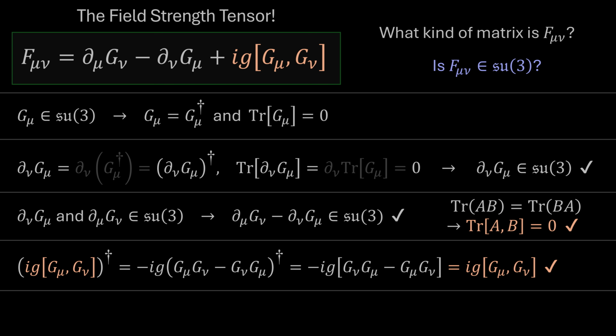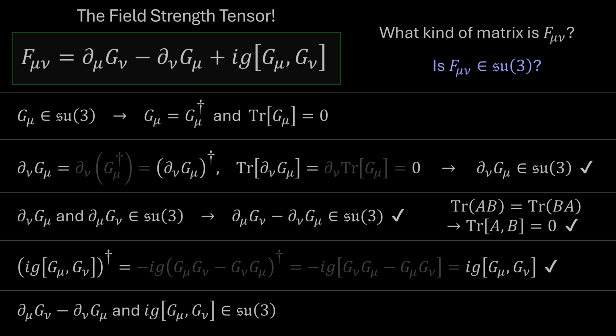So not only is the commutator term Hermitian, but it's also traceless. Therefore, the commutator term does indeed live in SU3. And so now that we've seen that the derivative terms live in SU3, and also the commutator term lives in SU3, we can conclude that yes, the components of the field strength tensor live in SU3.